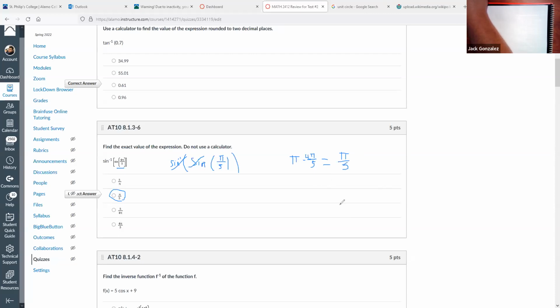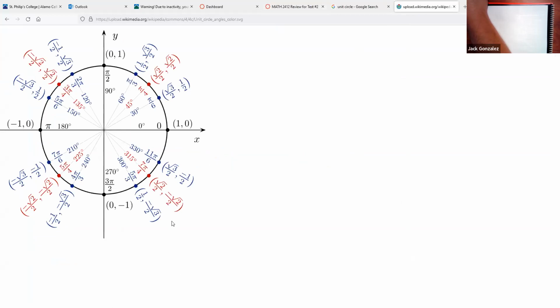Okay. So you go to the circle. If that's not clear, go to the circle. 4 pi fifths is in quadrant 2. So we want to know the distance, right? And if that's unclear, change it to degrees.